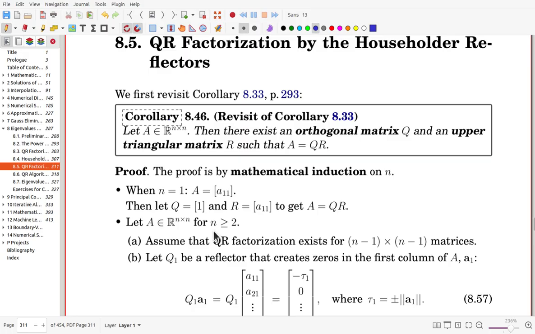Now for n larger than or equal to 2, we assume that QR factorization exists for n-1 by n-1 matrices. Now we'll try to prove that QR factorization exists for n-dimensional matrices.